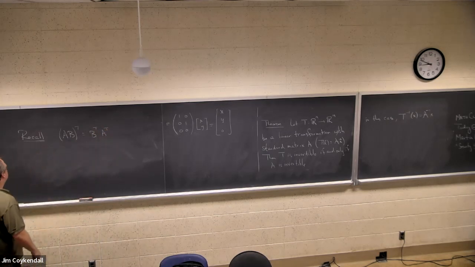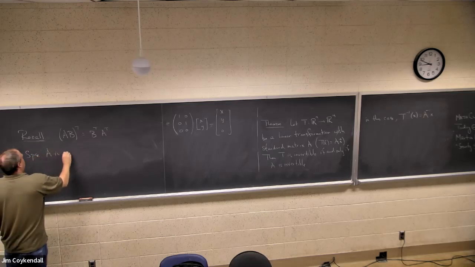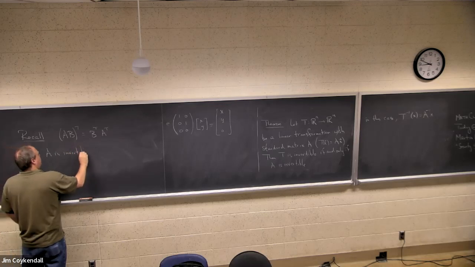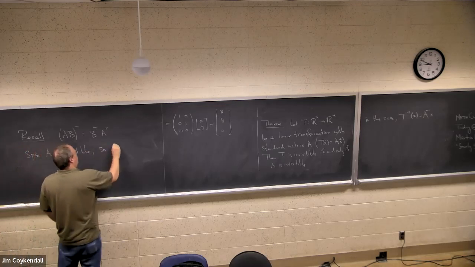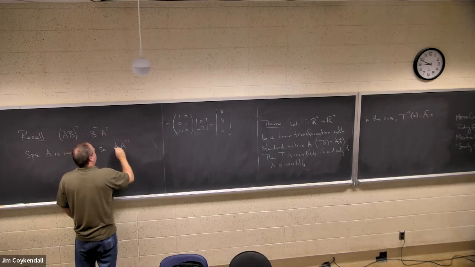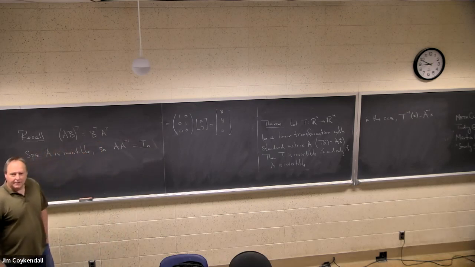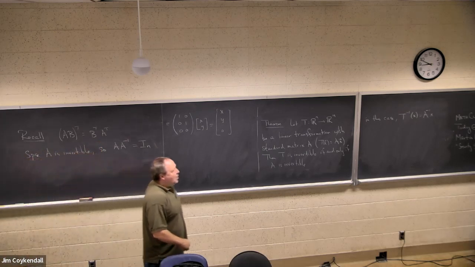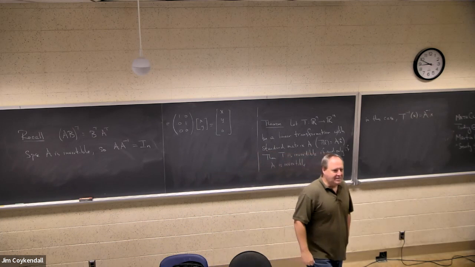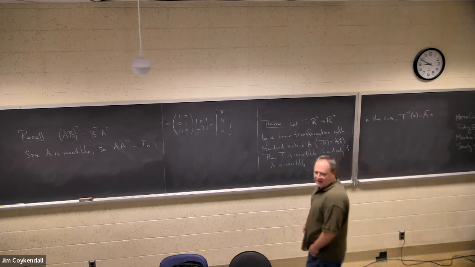All right. So suppose A is invertible. So A A inverse is equal to the identity. Let me ask you all this: what is the transpose of the identity matrix? It is the identity matrix, right?